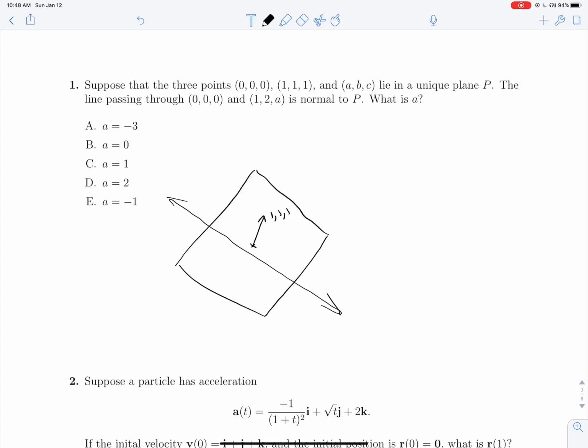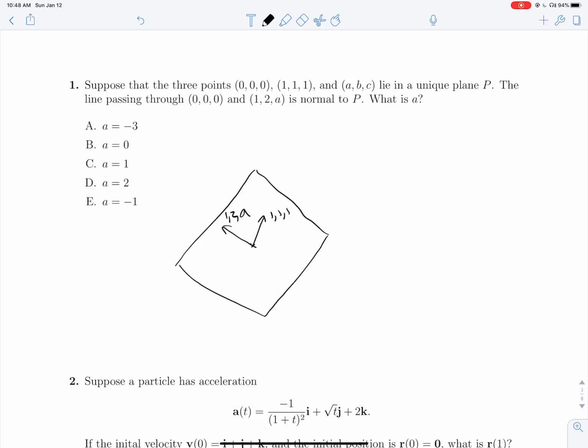The normal vector to the plane will be at a 90-degree angle to this 1, 1, 1 vector, and it does go through the origin, so it goes from 0, 0, 0 to 1, 2, a.